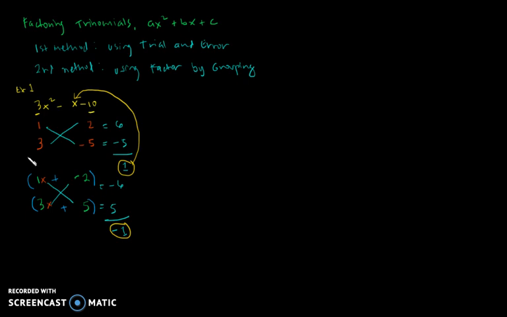So the final answer: the factor of this is x minus 2, following the sign of the 2 here, times 3x plus 5.